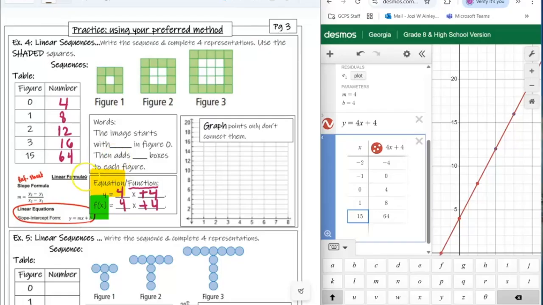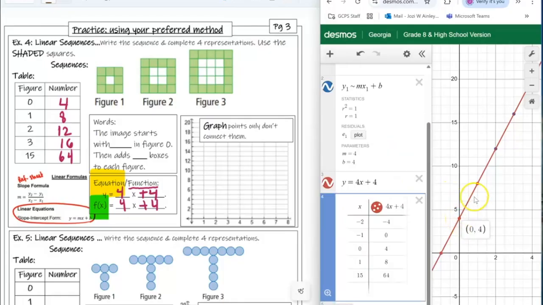All right, so now that I know that, I can go ahead and graph it. All I need is 2 points to graph it. I have this one, which is 0, 4. I have that one, which is 1, 8. So 0, 4, 1, 8. Now, very important that I mention this right now as just a quick introduction. You can see that this is a line. You have dots right here that are joined together by a line.